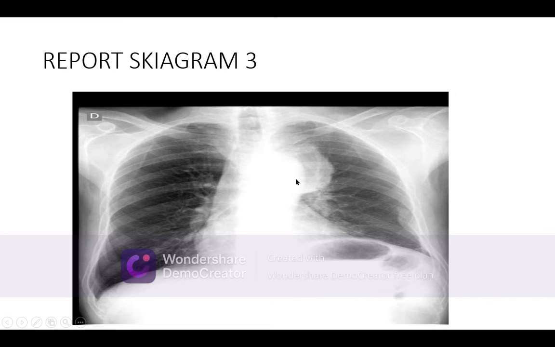In pharmacological treatment you definitely give cholinergic drugs, and if they fail, steroids. You can give gamma globulin also, and it is an autoimmune disease, so you can go for immunosuppressive therapy even.